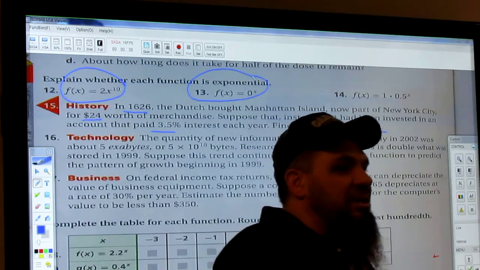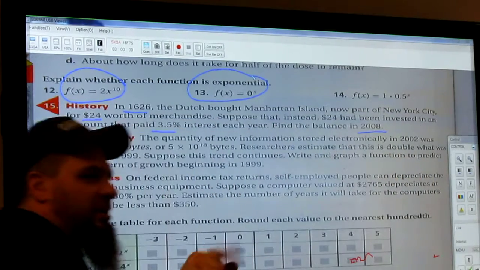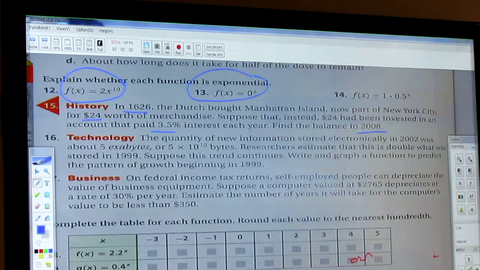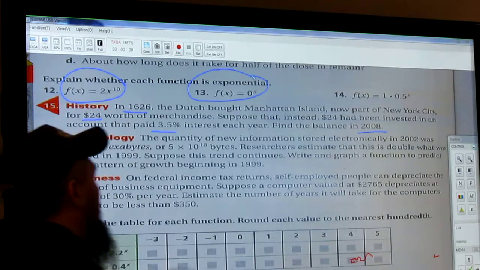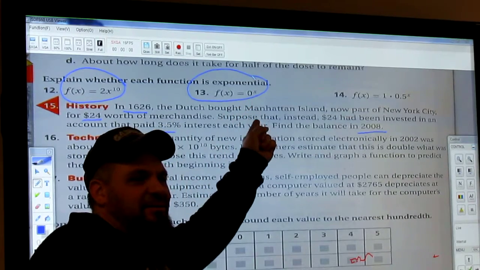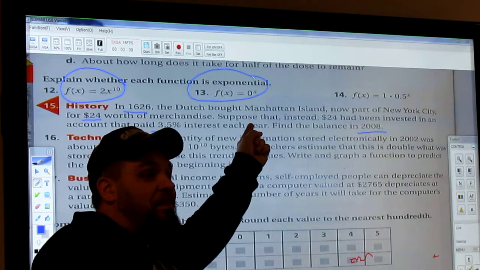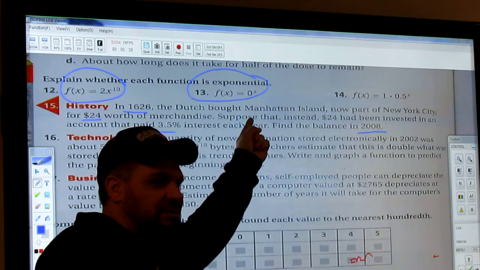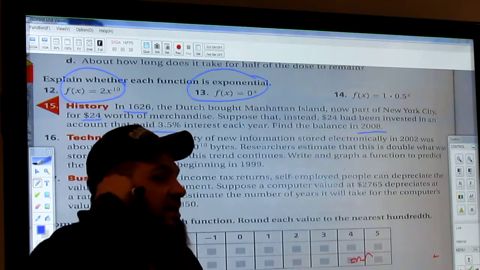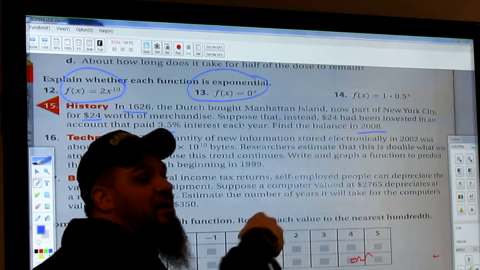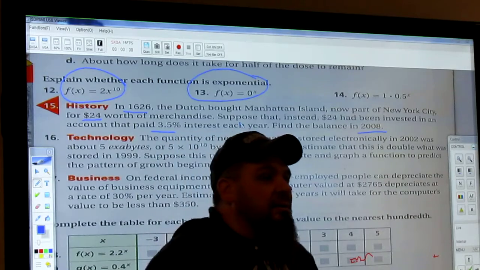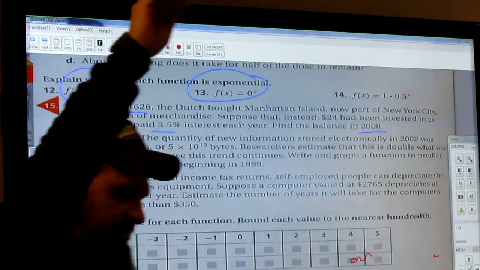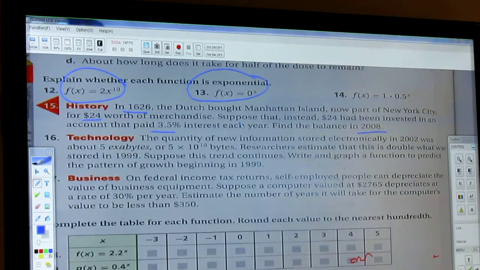And this is what you're thinking, because I think you learned it from me last year with exponential growth. See, this is not growth or decay, but it is an exponential function. Technically, it's an exponential function because there's a variable as an exponent.